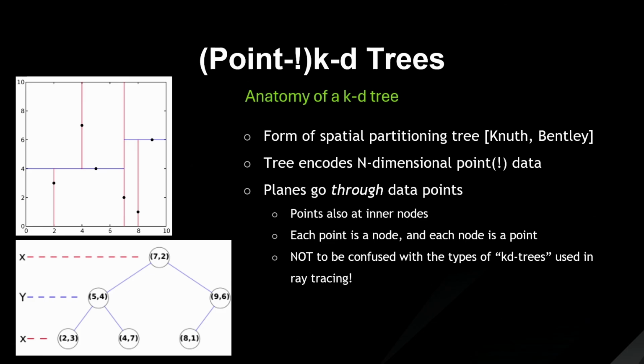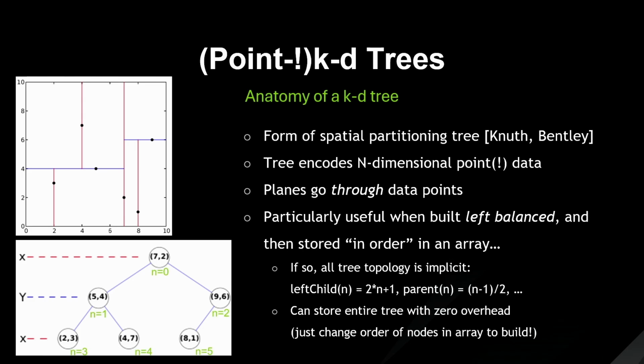And again, they're not supposed to be confused with the other sort of KD trees that we use in ray tracing. So the reason these kind of KD trees are so often used for KNN queries, and that became probably most famous use in photon mapping when Jensen came out with that, is that if you build them in a very specific way where you have a left balanced binary tree, then you can actually express the entire topology of the tree by just the order of the points in the array.